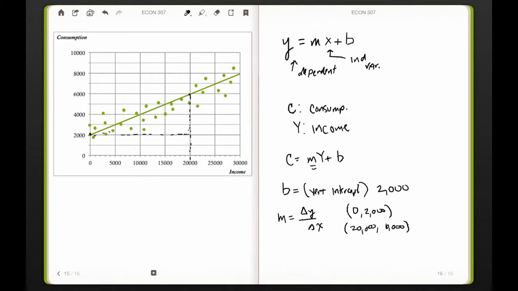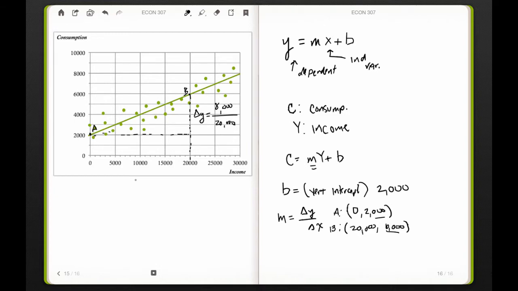So this is my change in y as I move from A to B. Let's call this A. Call that B. So my change in y from A to B is going to be 10,000 minus 2,000, which is 8,000. Okay, so remember this is the y value here. So 10,000 minus 2,000. And then as I move from A to B, the change in x is going to be 20,000 minus 0.